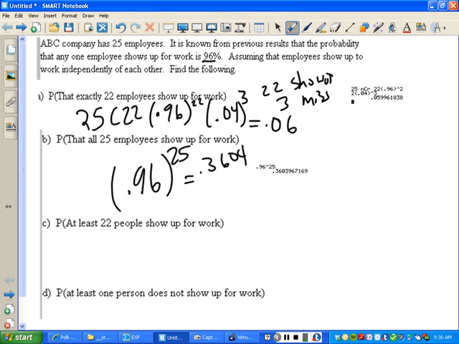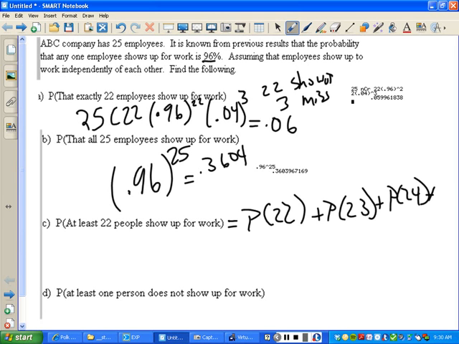So the probability of at least 22 is the probability of 22 people showing up, plus the probability of 23 people showing up, plus the probability of 24 people showing up, plus the probability of 25 people showing up. Now, what's the probability of 22 people showing up? 25C22 times 0.96 to the 22nd times 0.04 cubed, about 0.06. This probability was found earlier, yes?